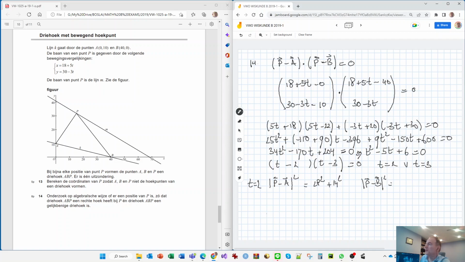And P minus B squared for t equals 2, so it's minus 22 plus 10 is minus 12, so I get 12 squared. And 30 minus 6 plus 24.